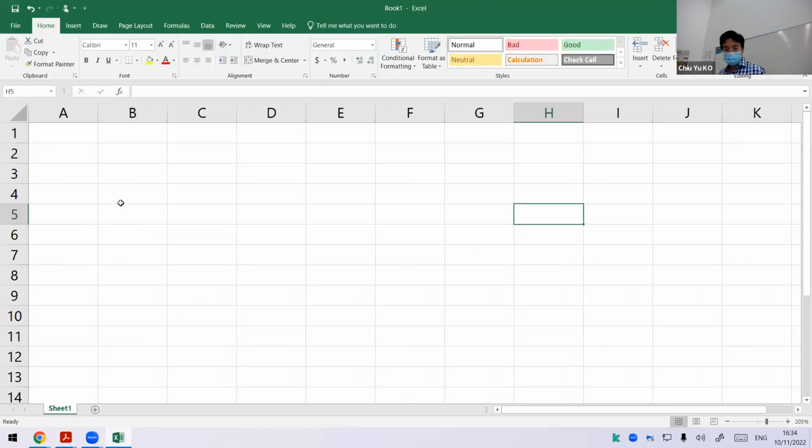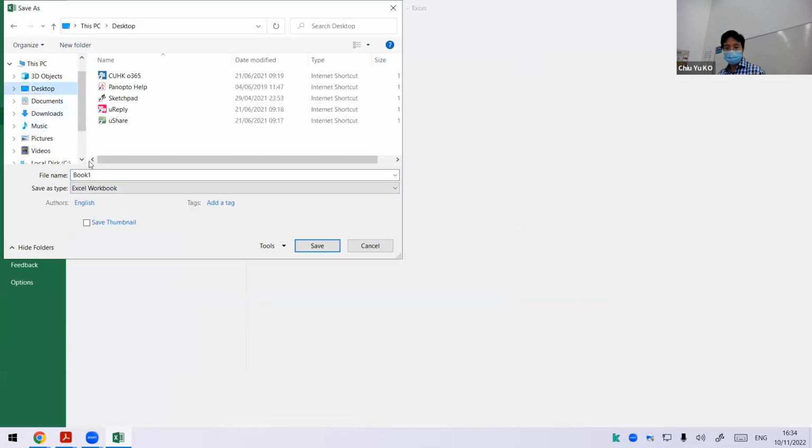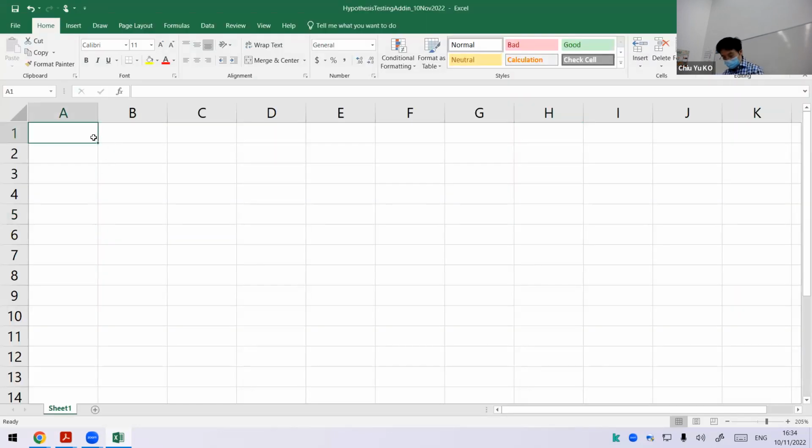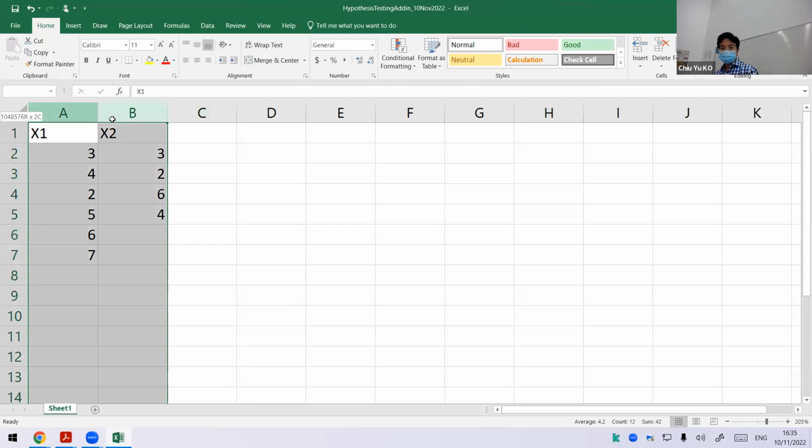I just save the file first, and then we will be working out the hypothesis testing, and it will be add-in, and it will be 10th of November of today's date. I have 2 columns, x1 and x2, and the data we are using I just copied from the slide. You can use whatever numbers you want to, but I just try to be consistent.